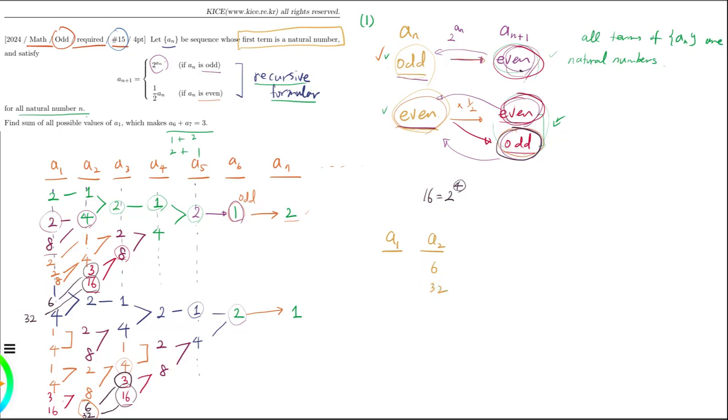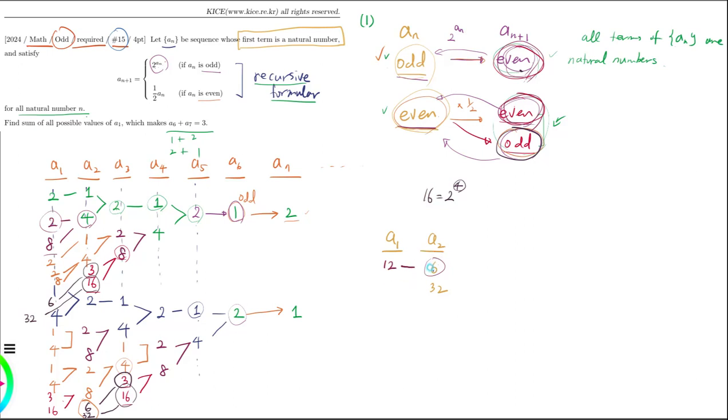6 and 32. What's the previous number for 6? 6 is even, so it could be odd, but since this is not a power of 2, it cannot be odd.